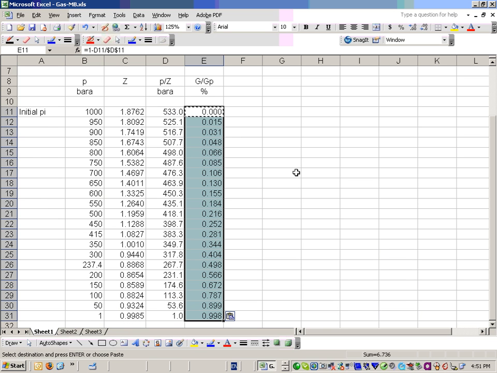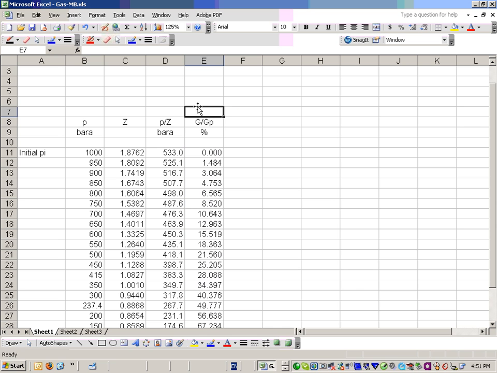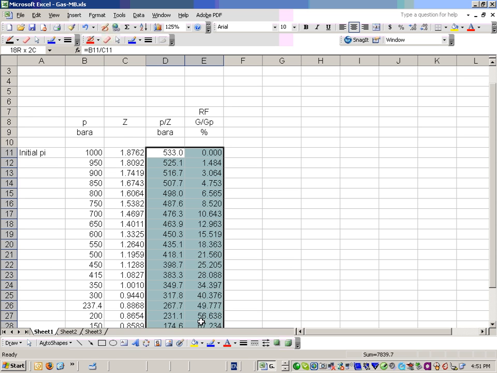And we'll then calculate these. This is in fraction. We'll give this in percentage. And now we've got the percentage of basically the recovery factor of gas shown here. And we'll make a plot of that versus P over Z.